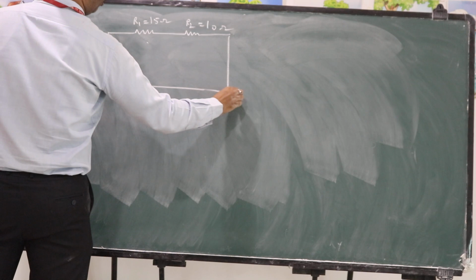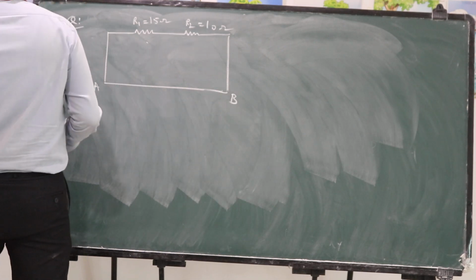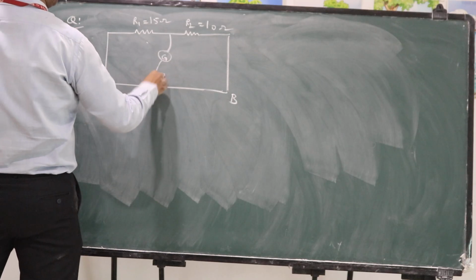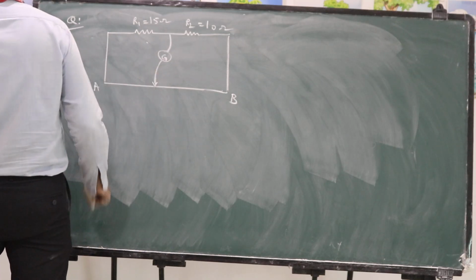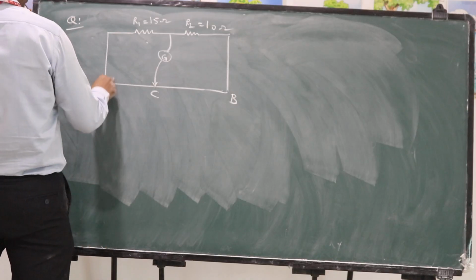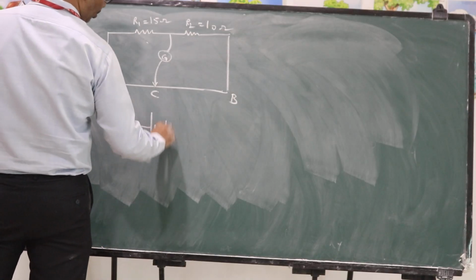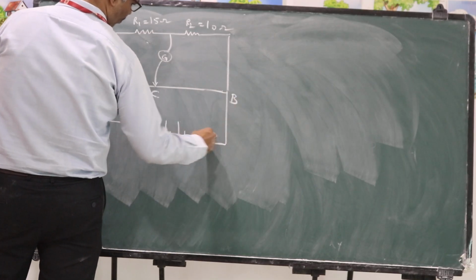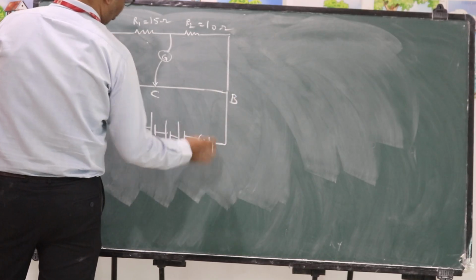AB is the wire in the meter bridge. So here a galvanometer and high resistance jockey arrangement is there, and you are finding some balancing point at C. And here is the primary circuit, with a key.